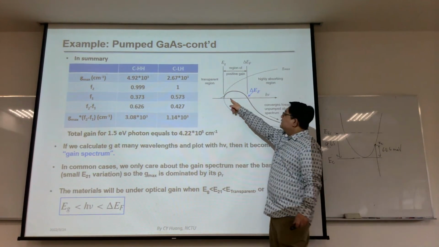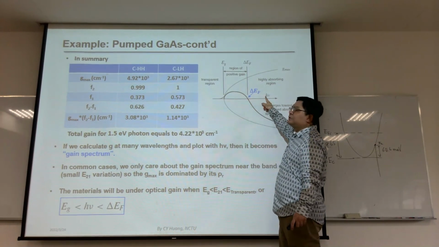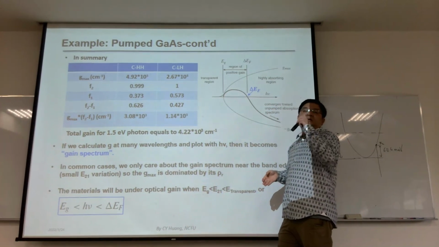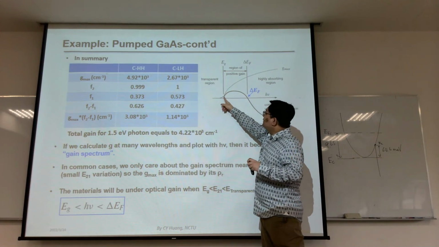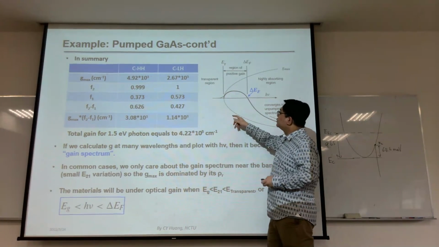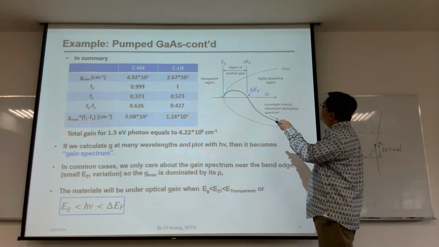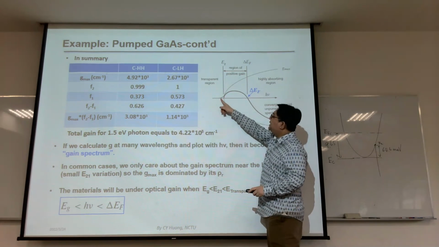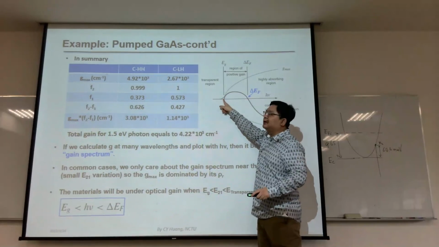So this point will shift to higher energy as you pump the semiconductor harder. And the highest position will also shift, approaching its Gmax curve. So if the pumping is weak, it should be the curve at the lower end.